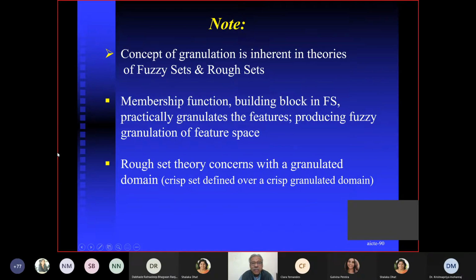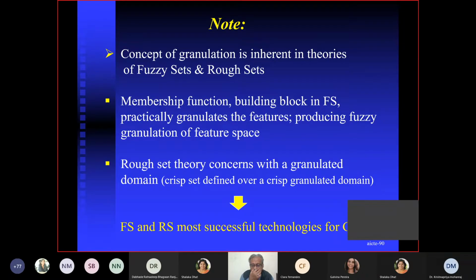So, though the name is granulation, granulation was first coined by fuzzy set theory Professor Zadeh in connection with defining membership functions. And then Professor Pawlak defined a set over a granulated domain. But the word granular computing was not coined at that time. That has been coined recently, just about 10 years ago, by different communities, including my group at the Indian Statistical Institute.